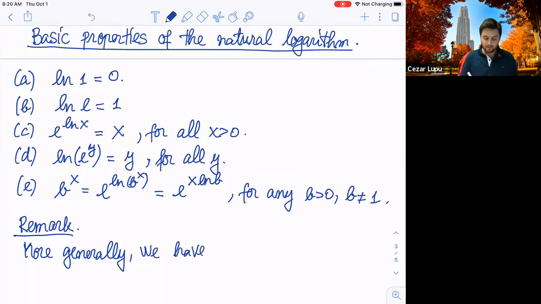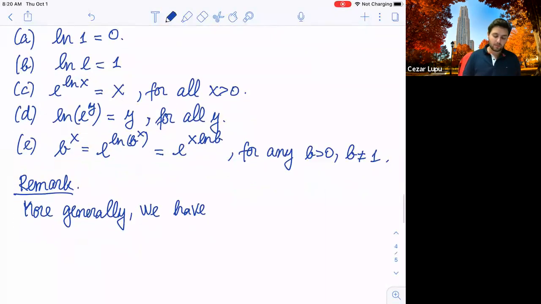Let's call this B prime, and we have something more general, which says the following: log in base b of b will be 1.